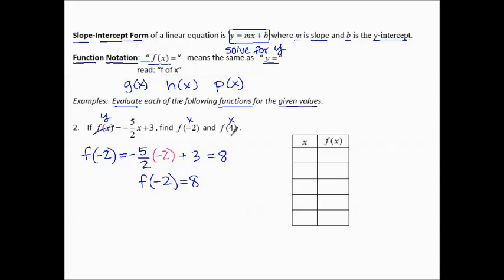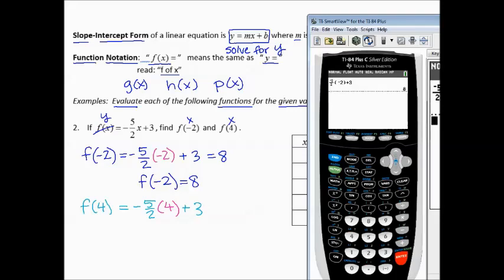For f of 4, we would do a similar process. f of 4 equals negative 5 over 2. Now instead of writing x, I write my 4, plus 3. Again, I can come over to my calculator.